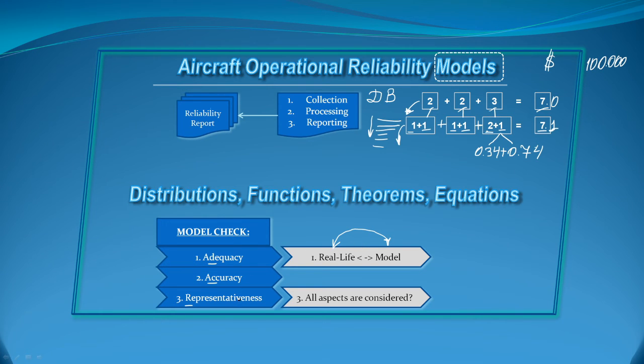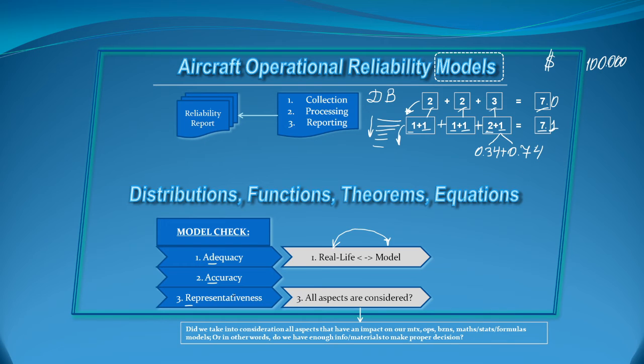And representativeness is to answer the question: are all aspects considered? I put here some explanation. We need to understand, did we take into consideration all aspects that have an impact on our maintenance, operation, business? This is the practical side.